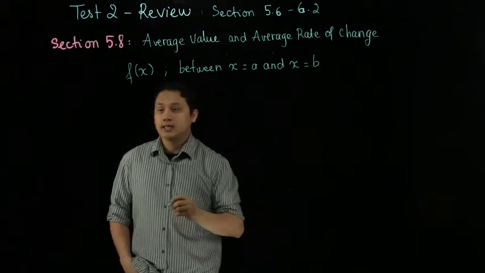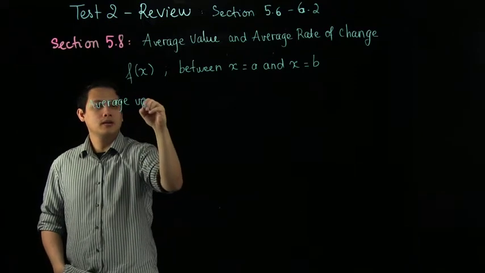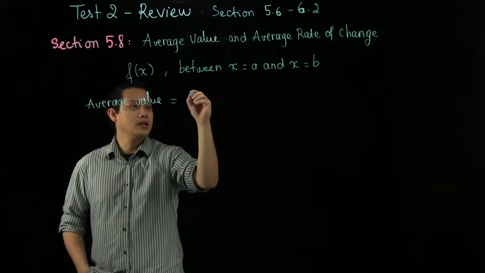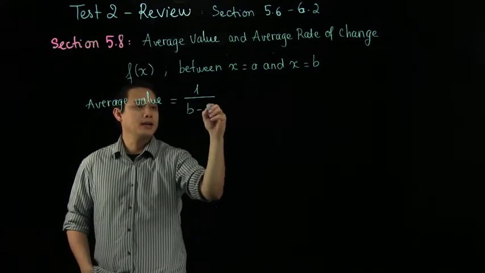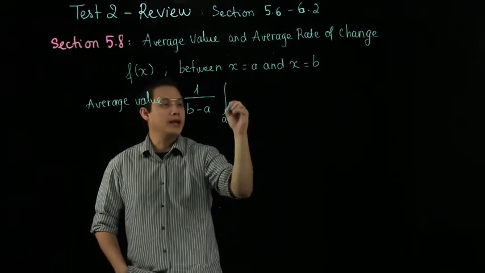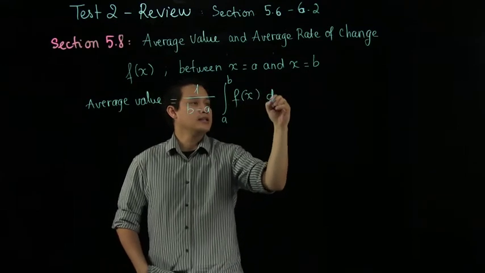Then the formula is the average value equal to 1 over b minus a, multiply with the definite integral from a to b of f of x dx.